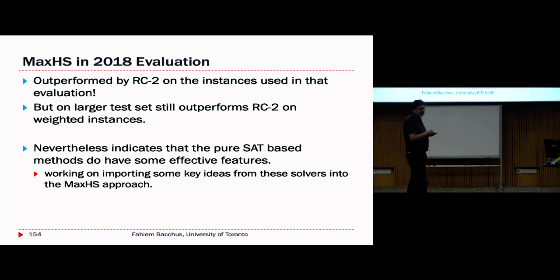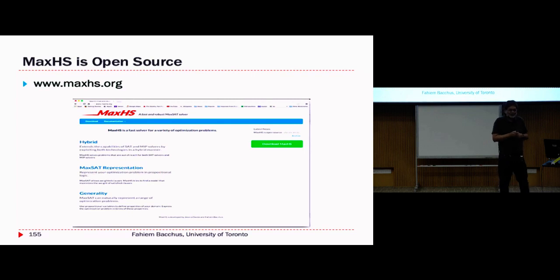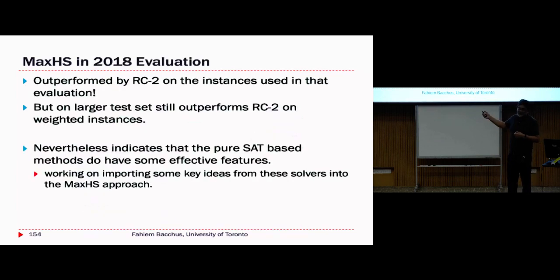Later on, I checked on a wider set and verified that MaxHS still is better. This hybrid approach is still better when you have more than two weights in your soft clauses. RC2 is a SAT-based solver that uses cores. I can tell you more about how it works.